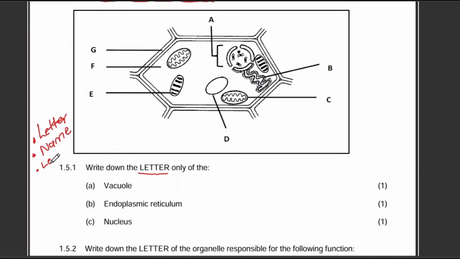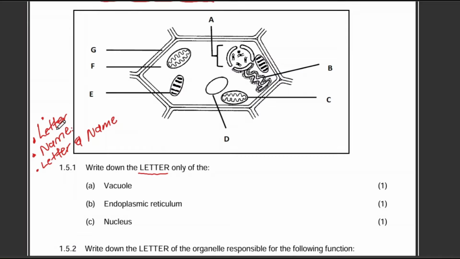Sometimes they ask you to write down the letter and the name. So please read the question carefully so you know exactly what they are asking from you so that you don't make a mistake. Because if they ask for a letter and you give the name, you won't get a mark, even if the name is correct. But the mere fact that you did not follow the question or the instruction, you are going to be penalized. And I don't want you guys to lose marks. All right. Enough about that, but very important for me to mention.